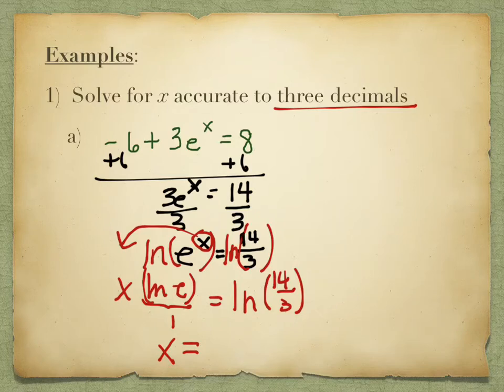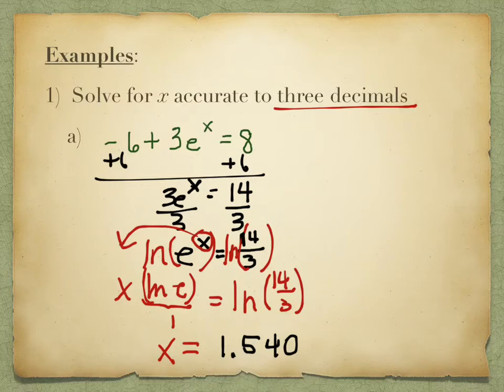Thanks, Dylan. There's a 1 there. All right, so what's the approximation for natural log of 14 thirds? 1.5. What was it, Hannah? Good. And we talked about this last time, I think, or the time before. We do want all 3 decimals represented, even if the last one's a 0. Okay.